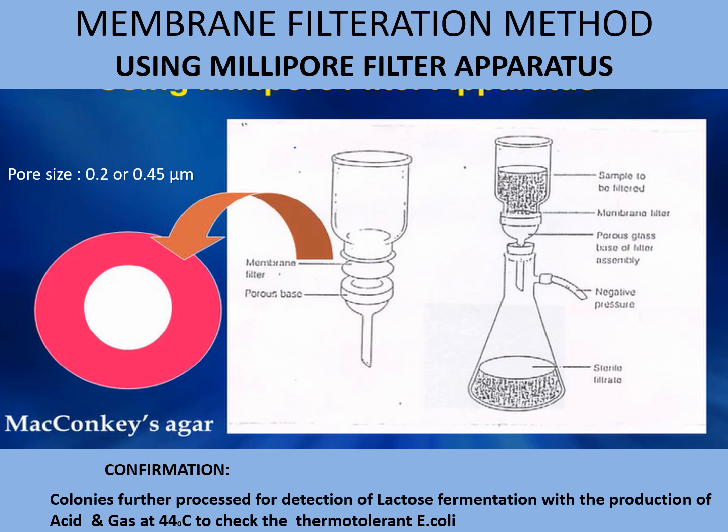The bacteria retained on the surface of the membrane are transferred onto a petri dish containing suitable medium and incubated. Yellow colonies are counted, and the result is given in CFU per 100 ml of water.